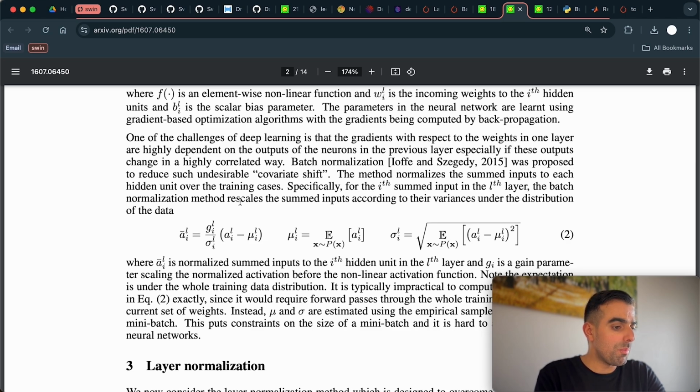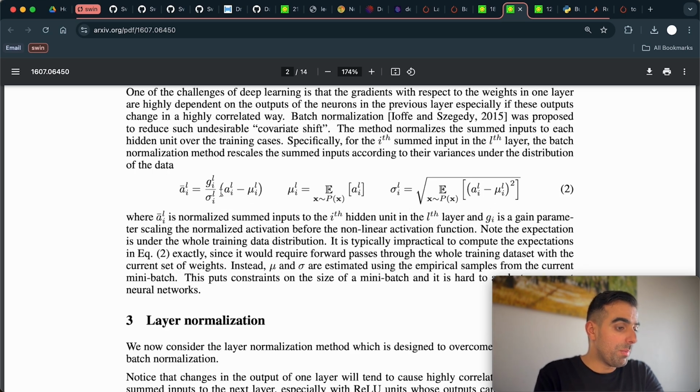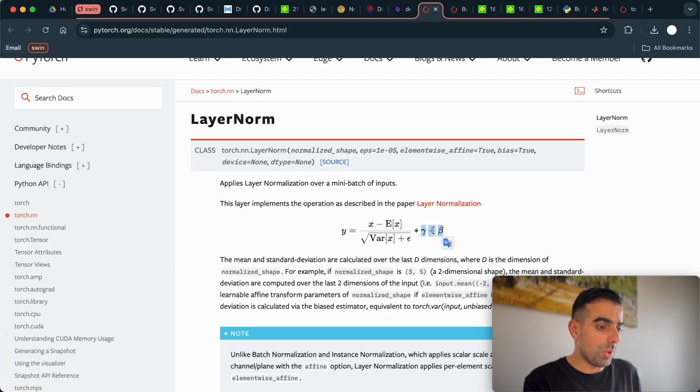The batch normalization method rescales the summed inputs according to their variances and the distribution of the data. a bar will be the result of subtracting mu, which is the mean, from a, and dividing by sigma. g_i is a gain parameter, scaling the normalized activation before the nonlinear activation function. So this is a parameter. This is g here, in PyTorch terms, it's gamma plus beta.